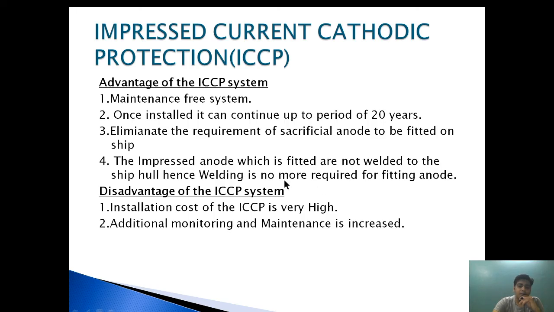Why is that? Because for installation of a sacrificial anode we need to do welding on the ship. Okay. Disadvantages of the ICCP system: installation cost is very high, and additional monitoring and maintenance is increased. But basically the advantages of the ICCP are very much more compared to the disadvantages.